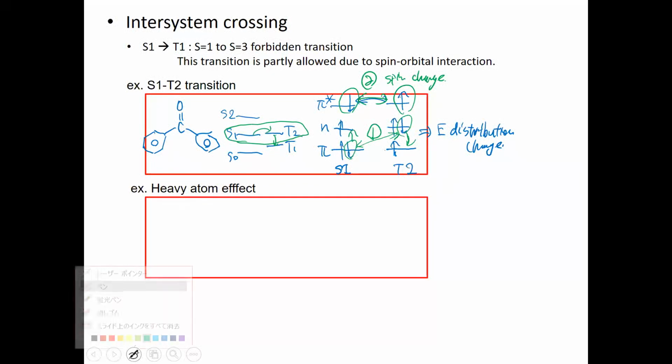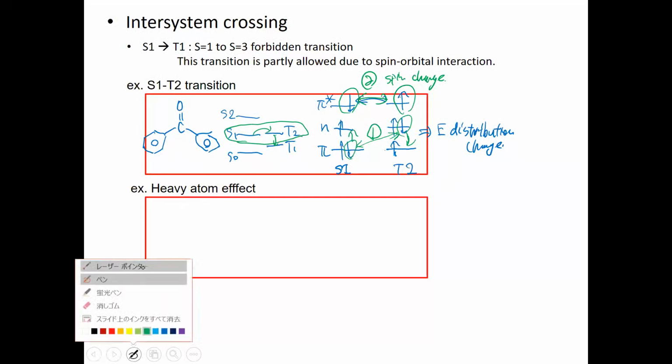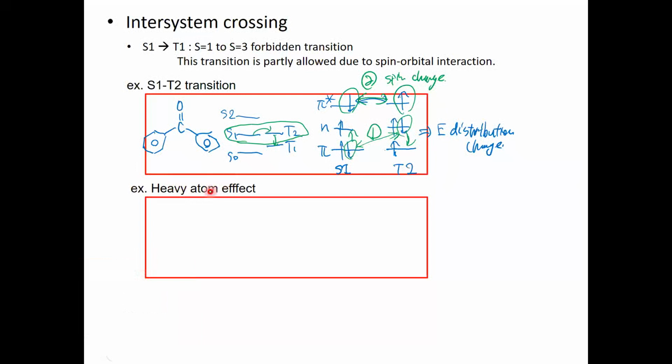The other reason for triplet formation is called the heavy atom effect. This one is more simple. Let's think about if you have nuclei, and in high school we study electrons moving around the nuclei, right?